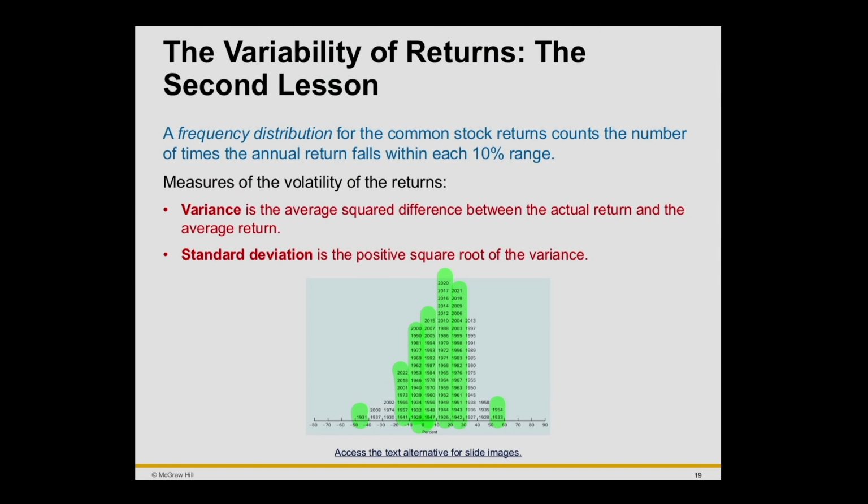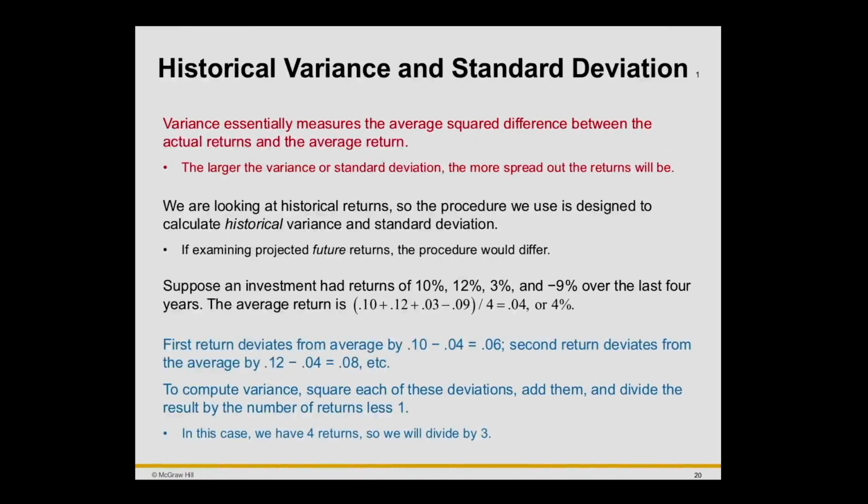So how do we actually calculate this measure of dispersion or volatility? There's a statistic called variance, and the square root of variance is called standard deviation. So let's take a look at how we actually calculate that variance, and to get the standard deviation, we always simply take the square root of variance.